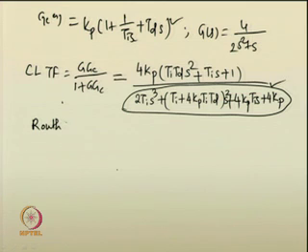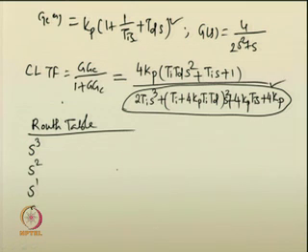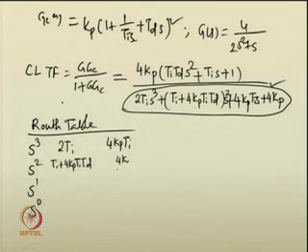Now, again let me form the Routh table. So, forming the Routh table as S cubed, S square, S1, S0 with coefficients as 2 Ti, 4 Kp Ti, then here we have Ti plus 4 Kp Ti Td and here 4 Kp.